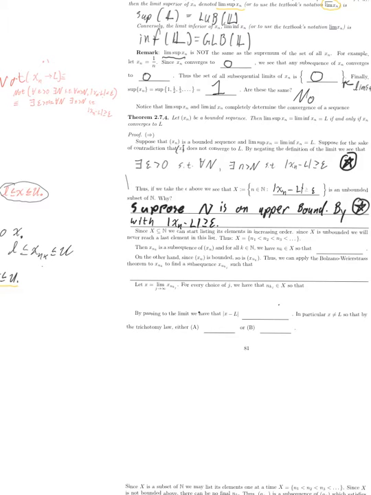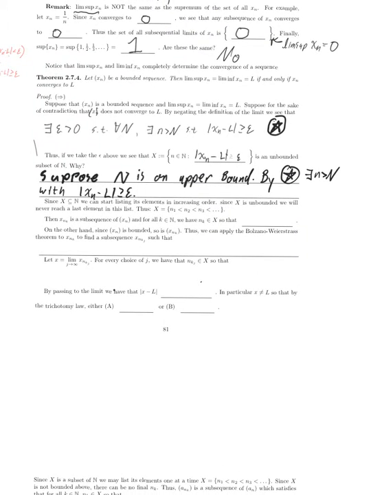But then check it out, because x sub n minus L is bigger than or equal to epsilon, n satisfies the condition that defines the set. This number n satisfies that condition in gold. But because it satisfies that condition in gold, I conclude that n is in the set X.